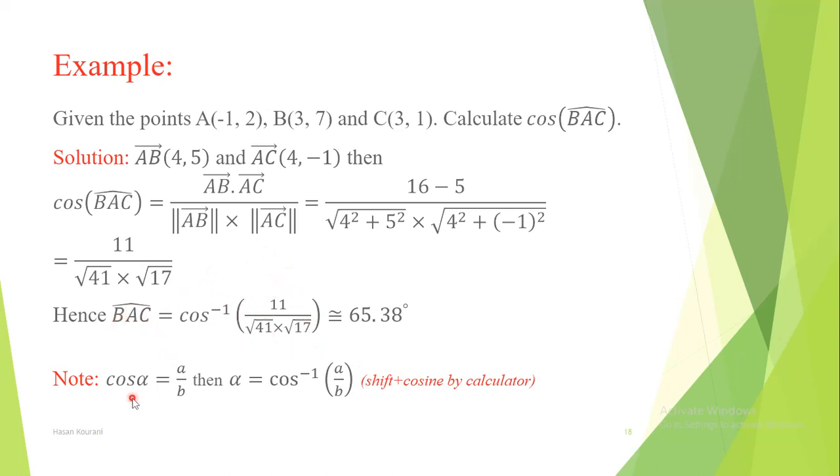This is a note: cosine alpha equals A over B, which is a number between -1 and 1, since cosine is between -1 and 1. Then alpha will be cosine minus 1 of this value, which we get using the calculator. Here we have an approximate angle, which is 65.4 degrees.